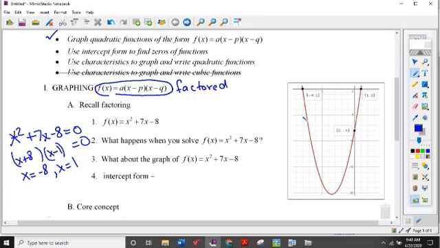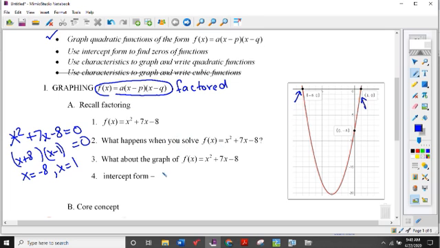So what about the graph? You see the graph goes through the x values of -8 and 1. So we did this a while ago when we were solving these equations. Now we're going to put it all together because these solutions are the x-intercepts of the graph.